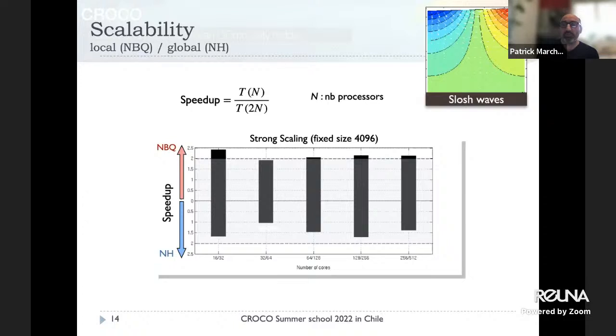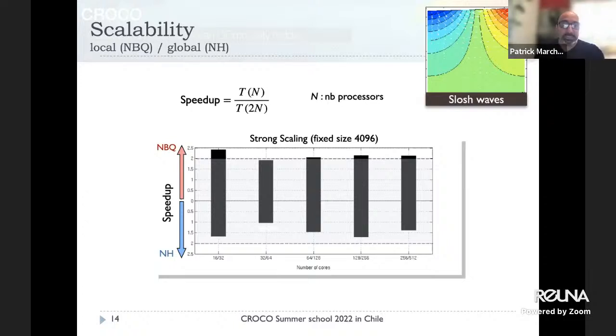So the time to compute this solution with n processors divided by the time to compute the same solution with twice as many processors. If the parallelization is optimal, you should have a speed up of 2. And if it's super optimal, you can have a bit more actually. This is due to an optimal use of cache memory in the computer, but I will not talk about this.